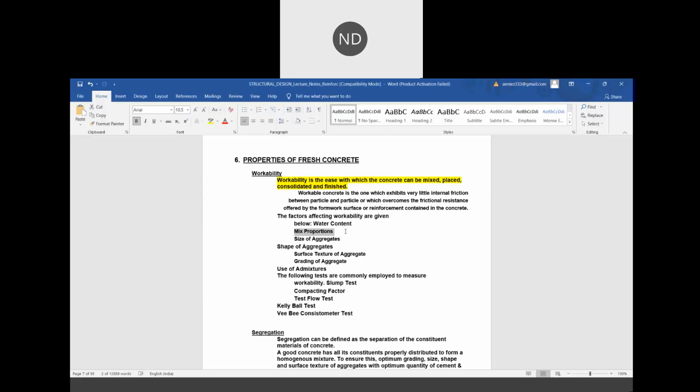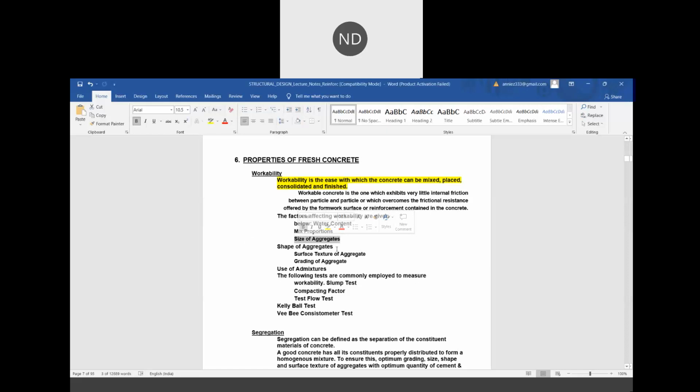And since the aggregate gives you the required strength to resist the loads, if the proportion is not good, the required strength which that member should give will not be achieved, right?